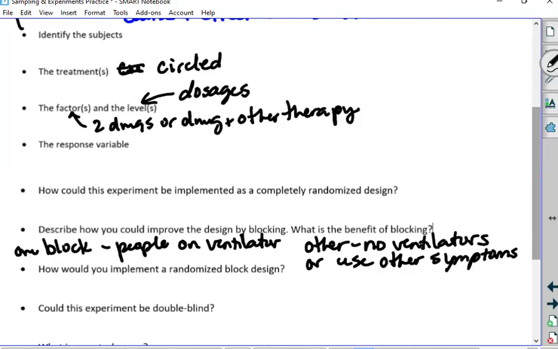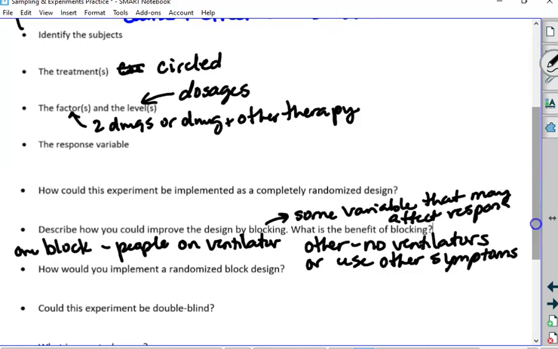So you're blocking, maybe you might want to block by age. Maybe you think age might have a factor. Maybe you want to block by gender. But the blocking variable should be some variable that may affect the response variable.